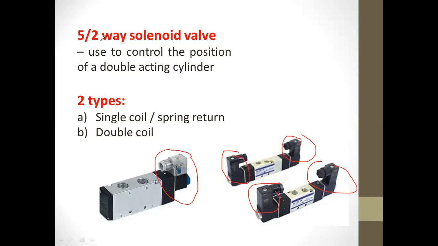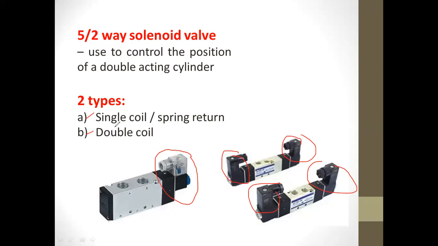Both the single coil and the double coil solenoid valves have the plunger. But for the spring return or single coil, it is the spring that returns the plunger to the original position.